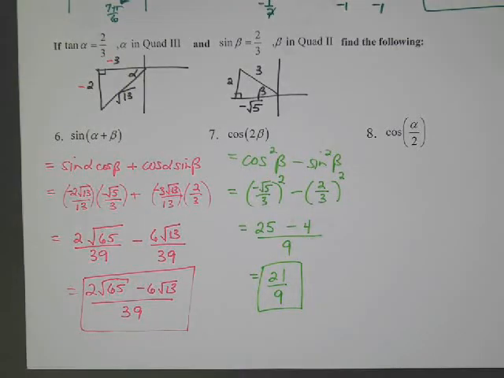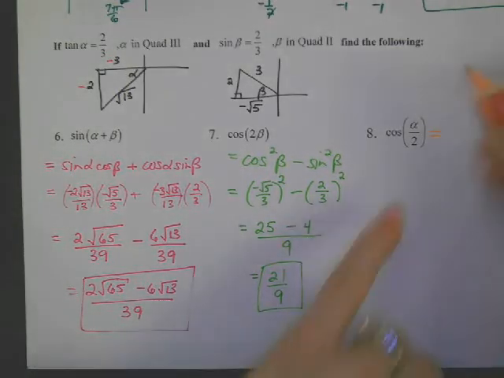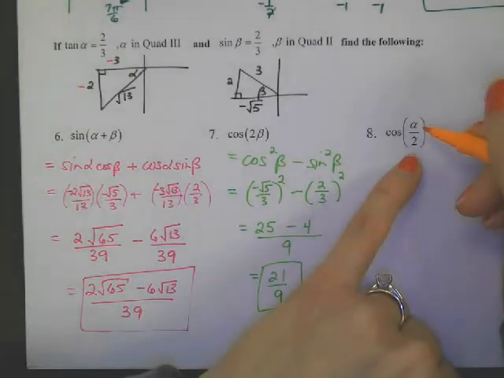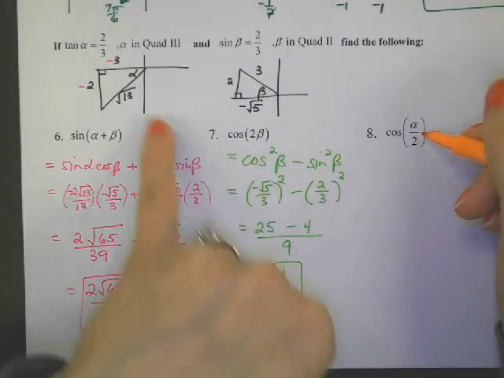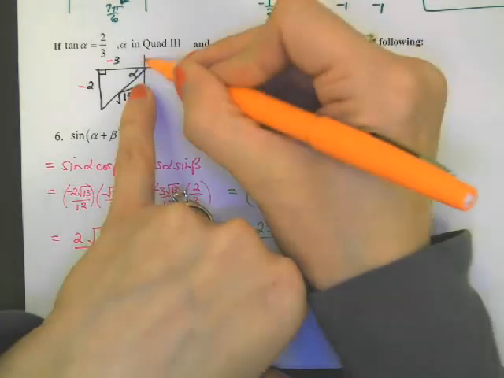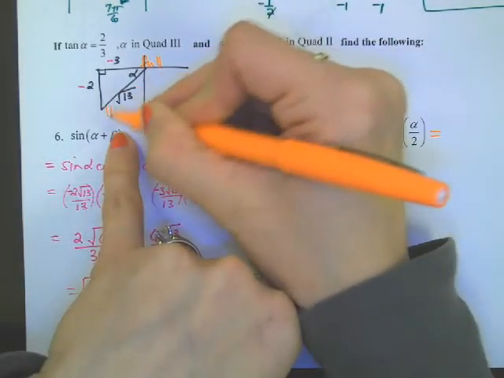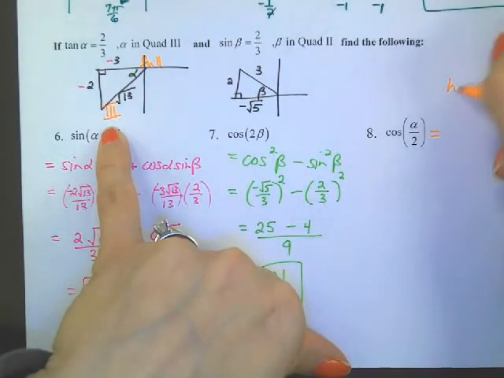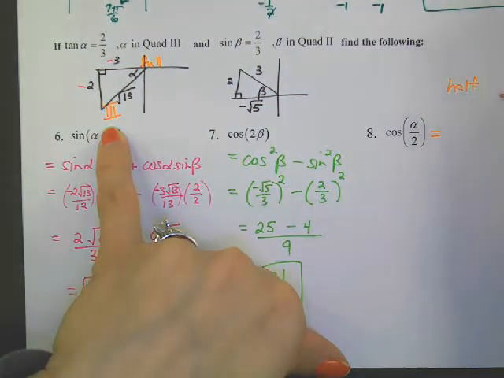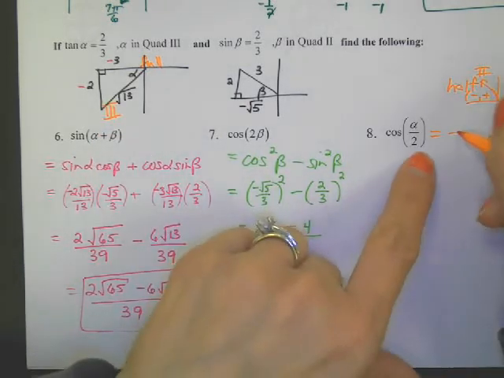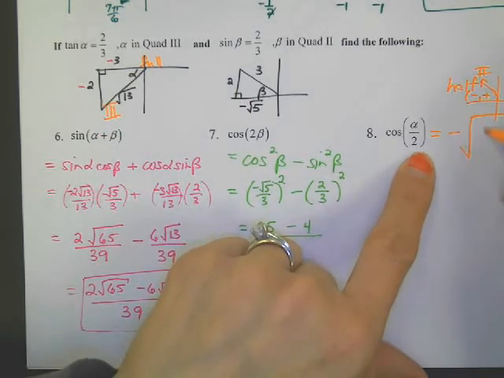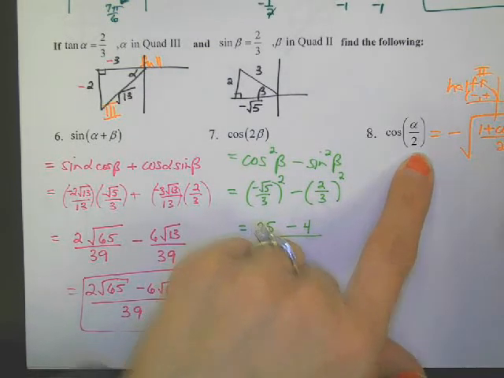And a half angle. The half angle is determined by the quadrant it's in. So full alpha is in quadrant 3. Where's the half alpha going to be? The answer is quadrant 2. And the cosine value there is negative. And the formula is 1 plus cosine of the full angle.